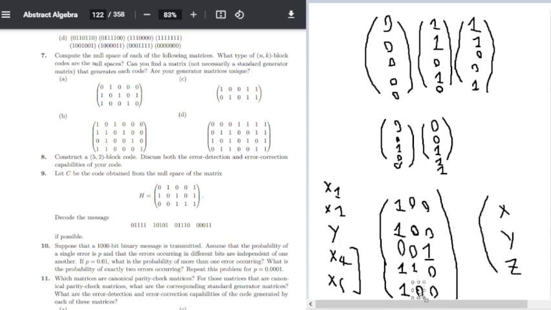I'm thinking not. So this sets the first bit. This sets x1. x2 is equal to x1.